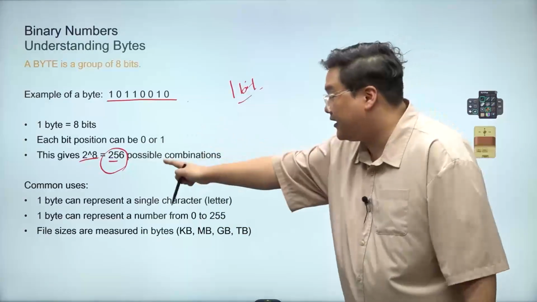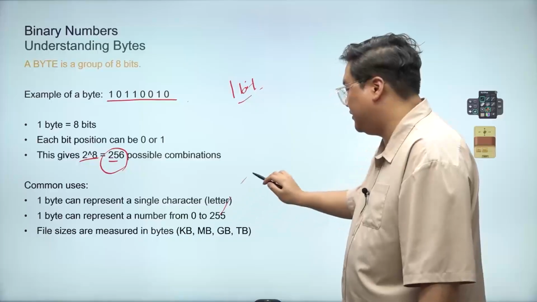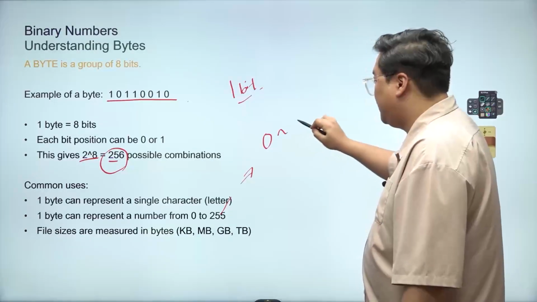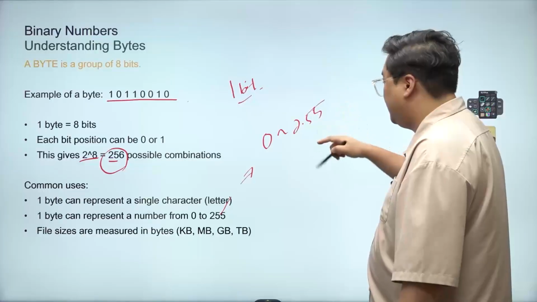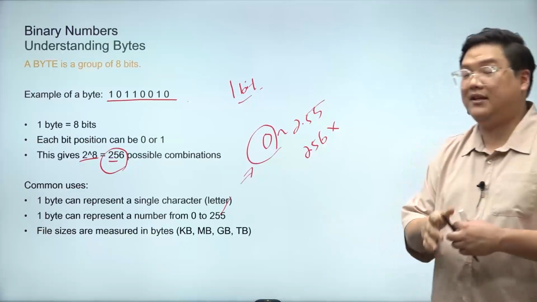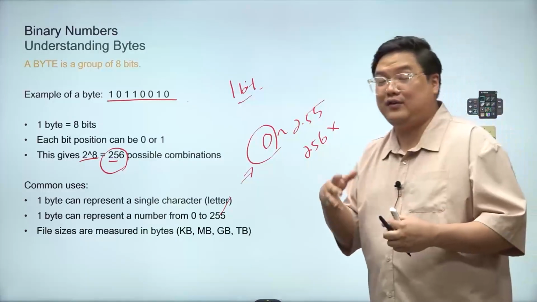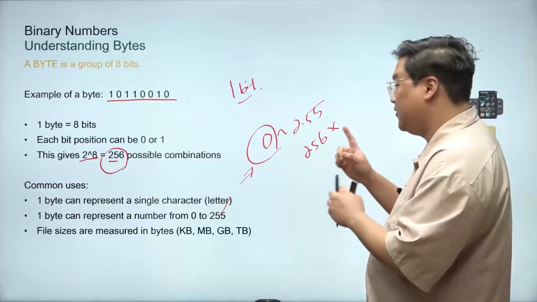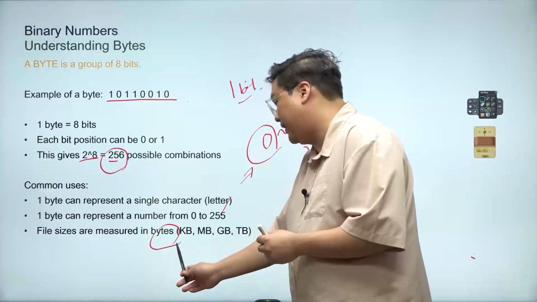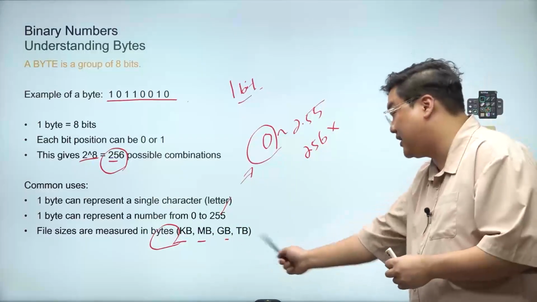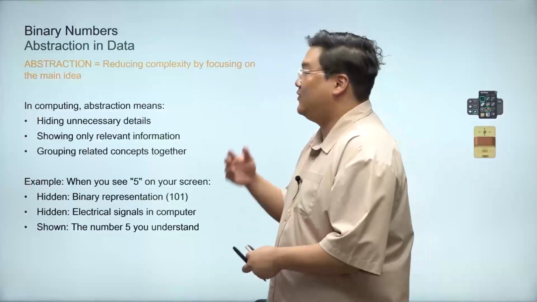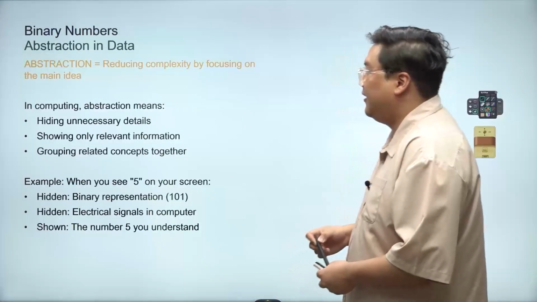Because there are 256 possible combinations, you need to know that it's 0 to 255, not 256, because we're starting from 0, okay? More often than not students get that confused. So it's 0 to 255. And file sizes are measured in bytes. So kilobytes, megabytes, gigabytes, terabytes.